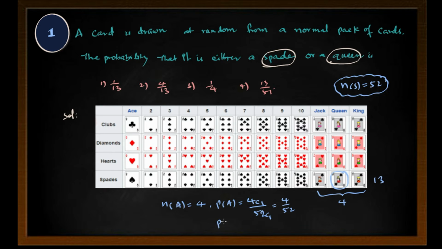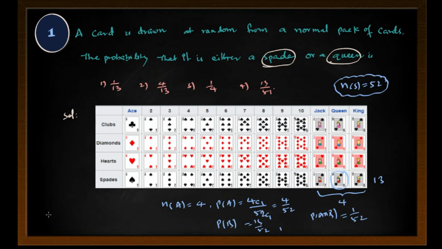Similarly, what about P of B? Spades: 13, so P of B is 13 by 52. How many cards are common in spade and queens? P of A intersection B is only one card, which is included in queen as well as spade, so 1 by 52.